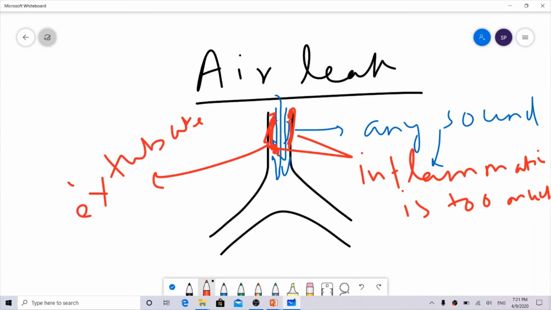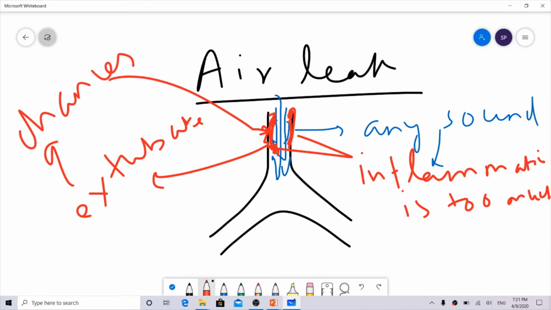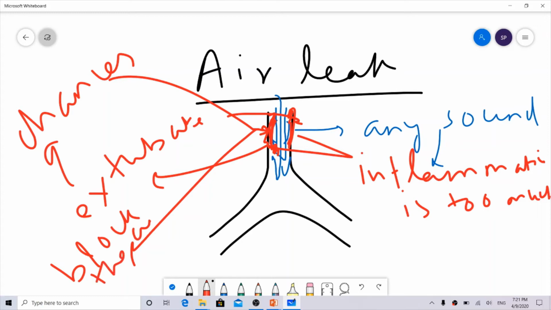There are chances that this inflammation may block the airway. This is a very risky thing. So what does an air leak mean in brief?